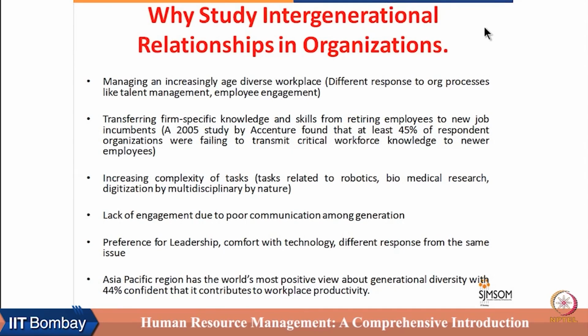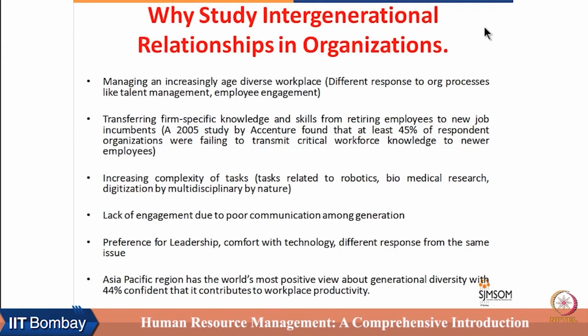The nature of the tasks to be conducted at workplaces is also becoming more and more complex. With more complexity, you have more and more specialists working in teams which bring complementary skills. Because of the increasing complexity of tasks, naturally in a team multiple people will be coming from multiple generations. Tasks like robotics or biomedical research or digitization are multidisciplinary in nature.